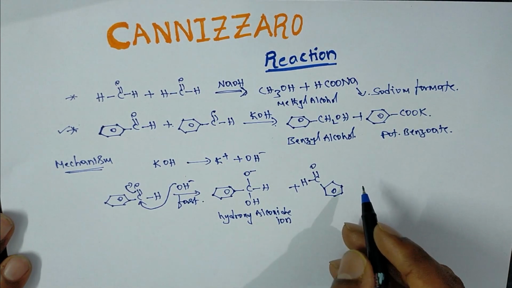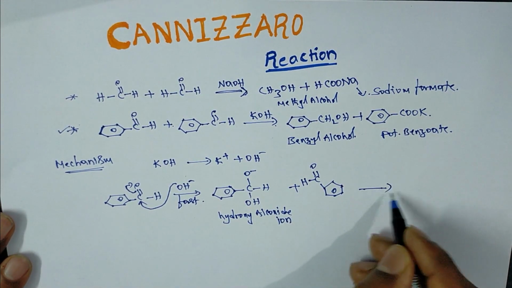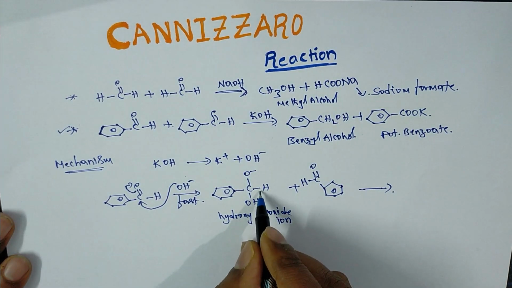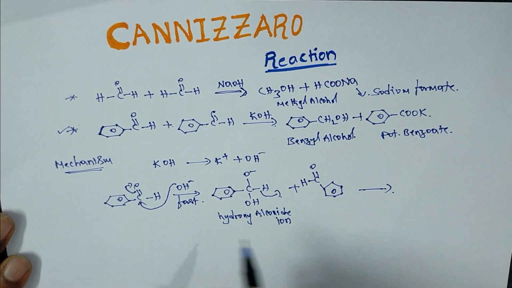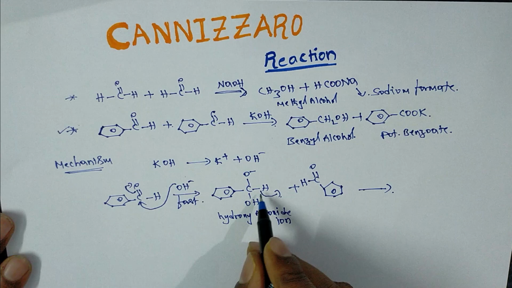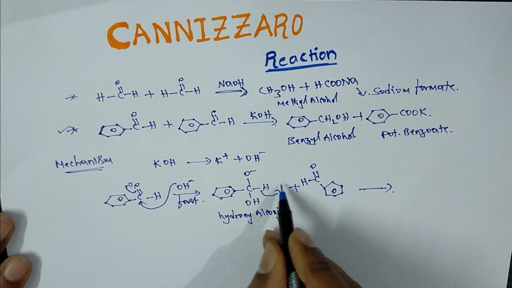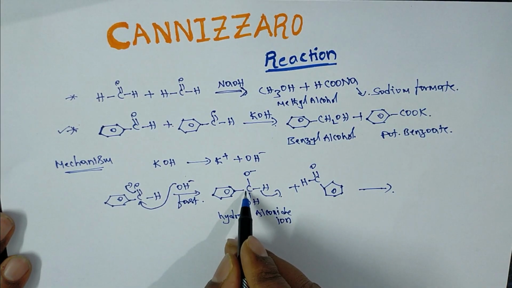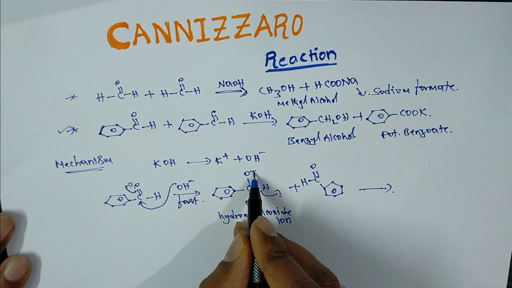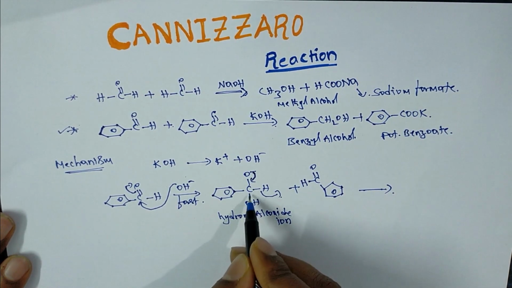Here the hydrogen is removed as a hydride ion, H minus, so this carbon gets a positive charge and the electron pair migrates towards carbon.